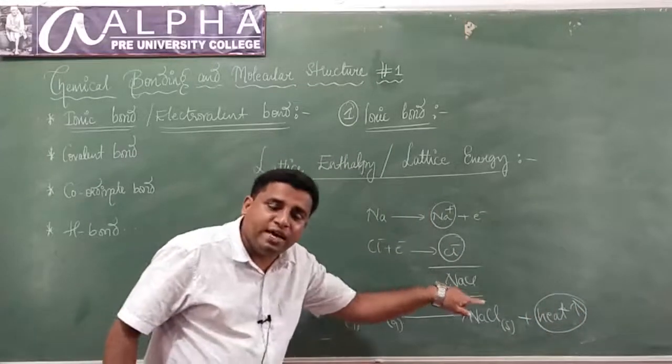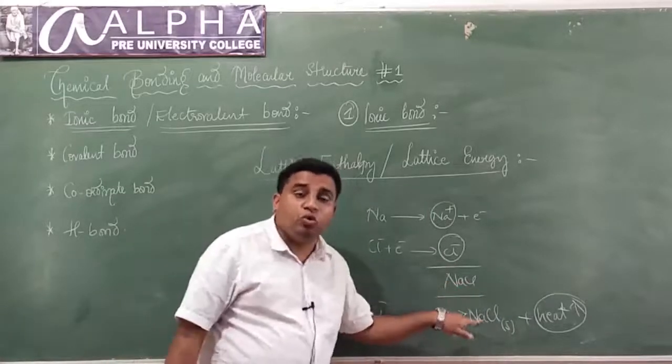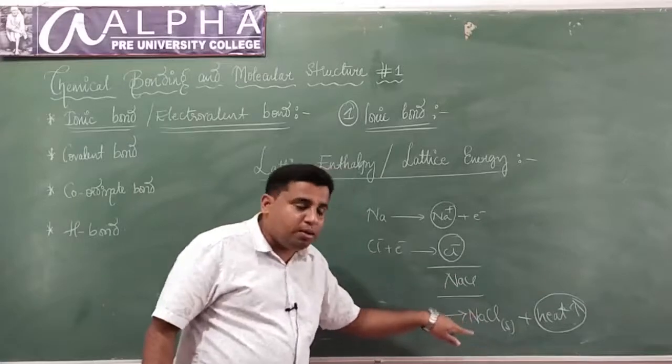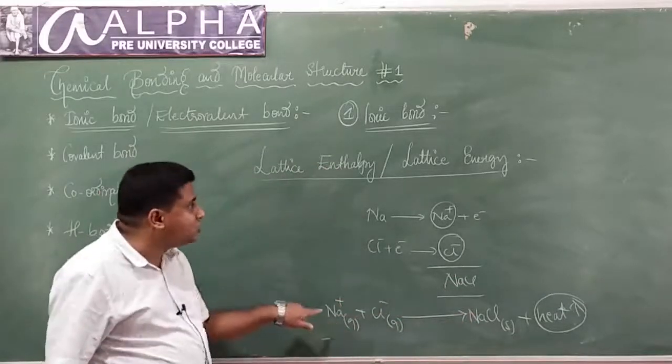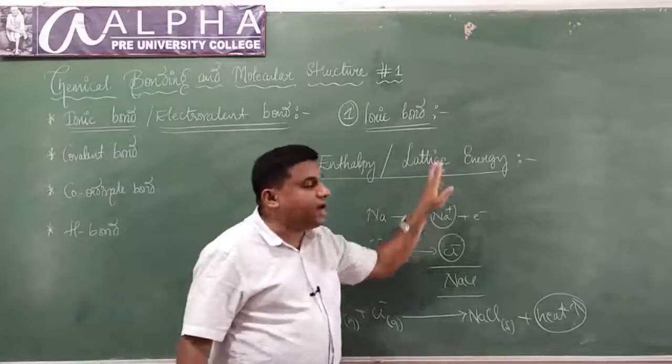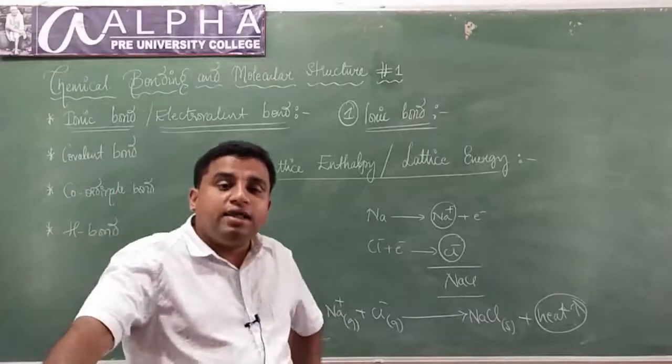The amount of heat energy that is liberated when 1 mole of solid sodium chloride is formed from gaseous sodium ions and gaseous chloride ions is called lattice enthalpy or lattice energy.